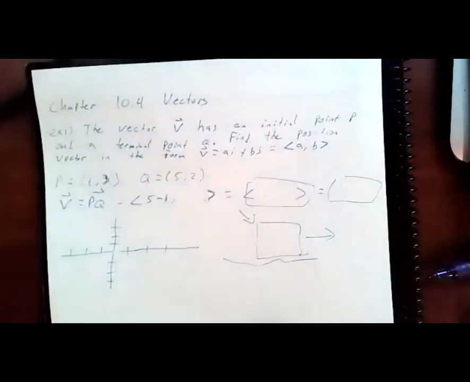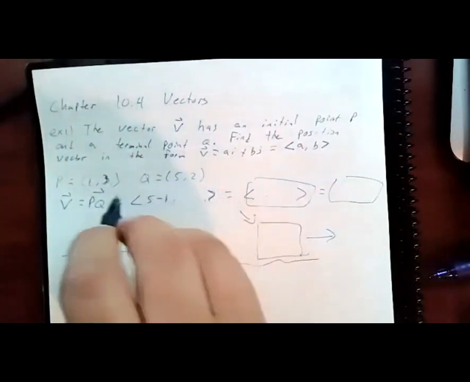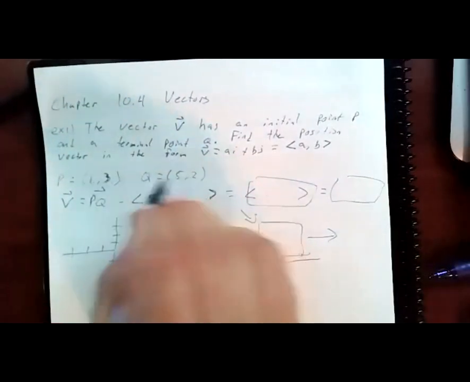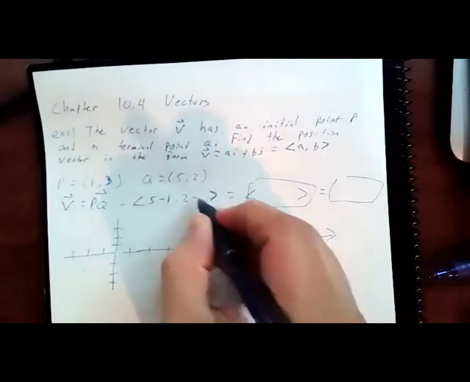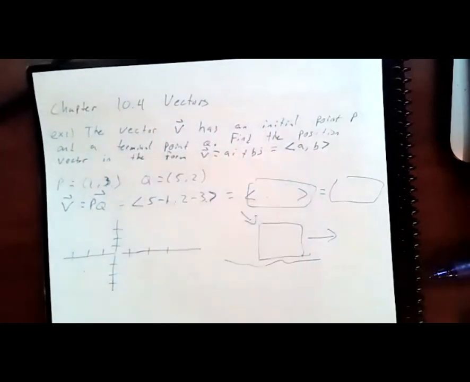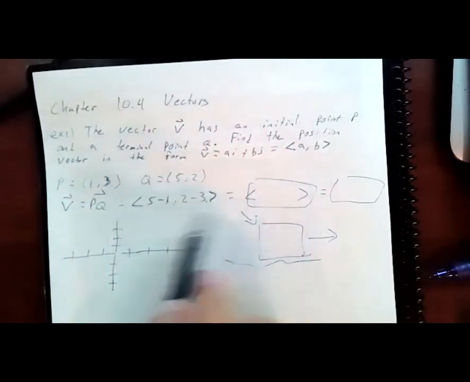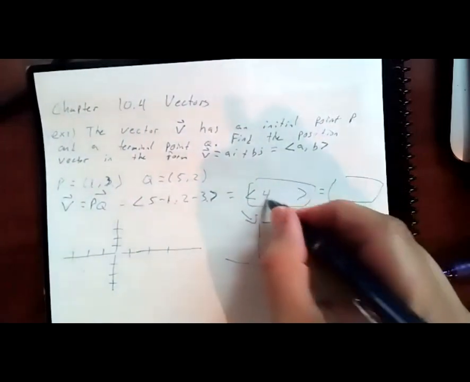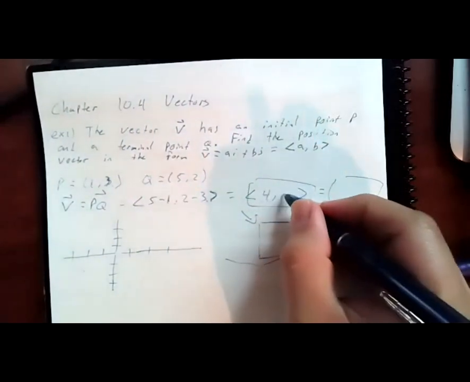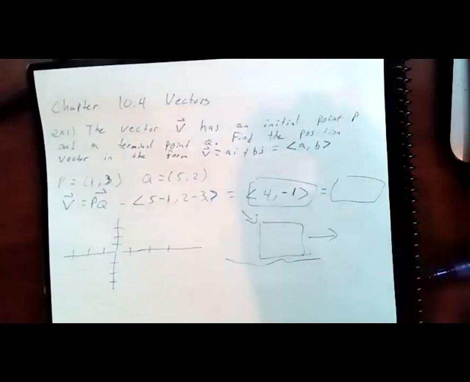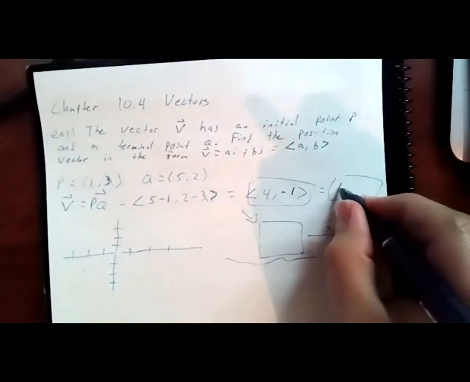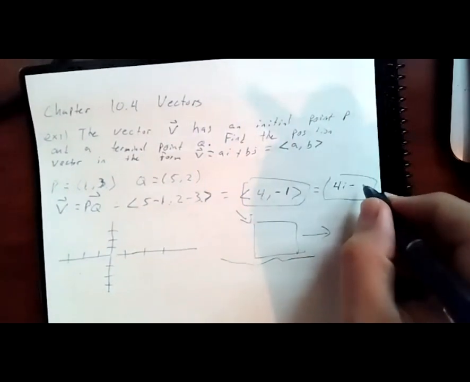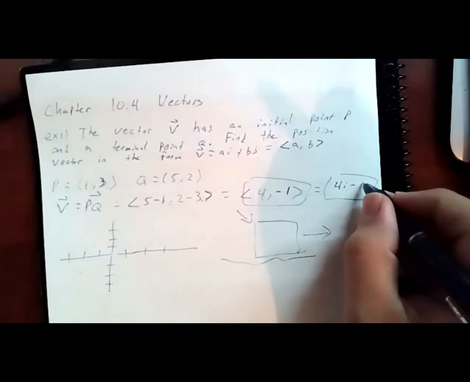All right, so 5 minus 1, 2 minus 3. So the result will be 4, comma, -1, which is the same as saying 4i minus j.